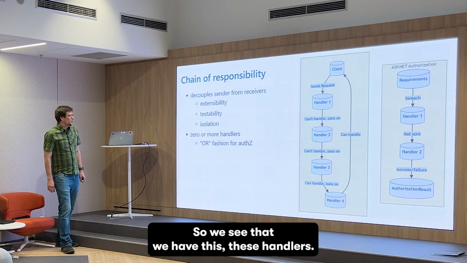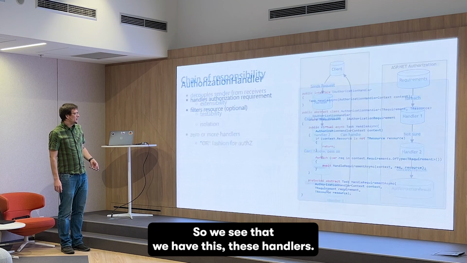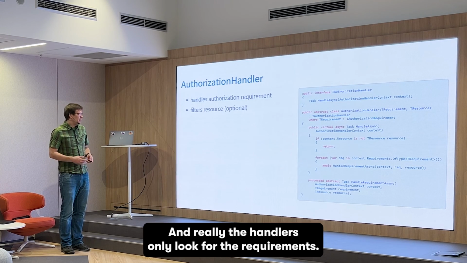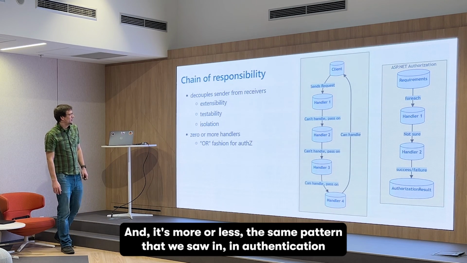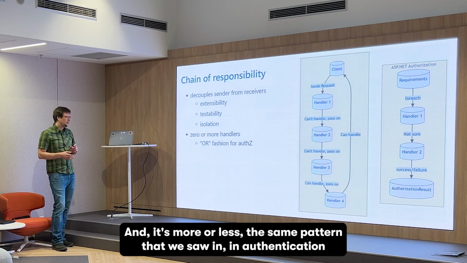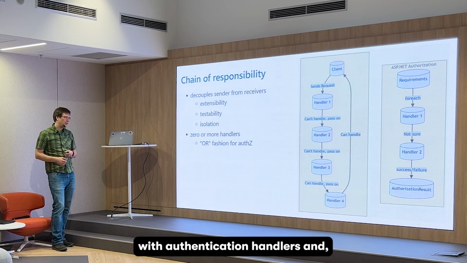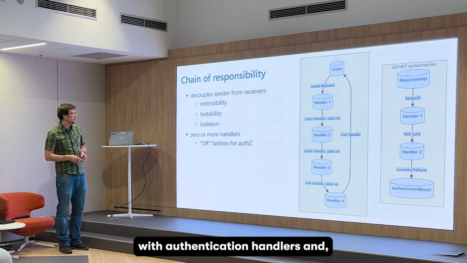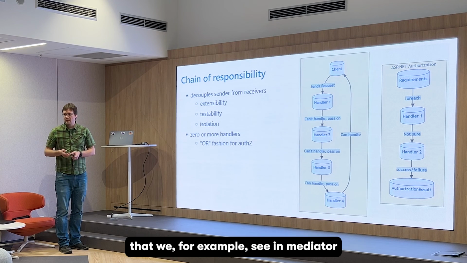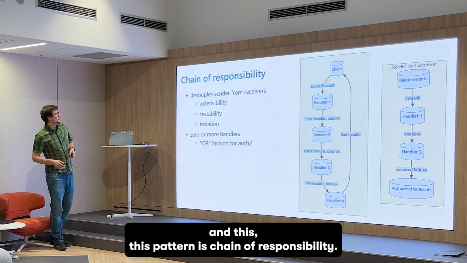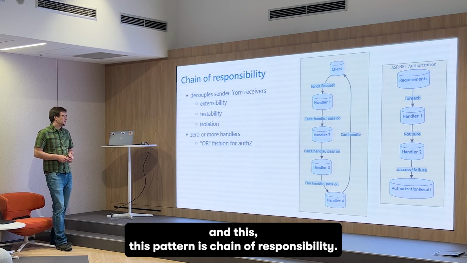So we see that we have these handlers, and really the handlers only look for the requirements, and it's more or less the same pattern that we saw in authentication with authentication handlers, and that we, for example, see in Mediator. And this pattern is chain of responsibility.